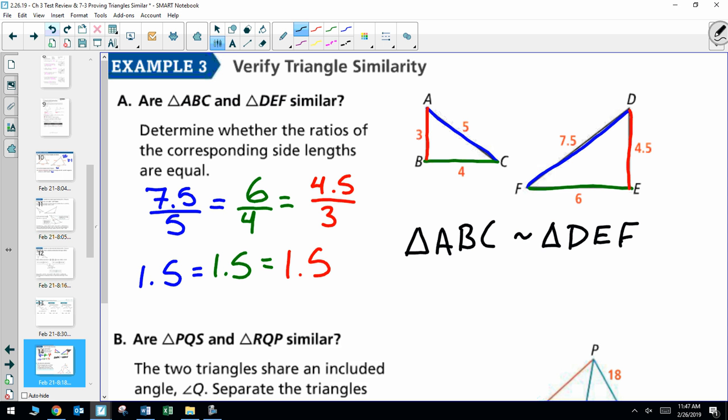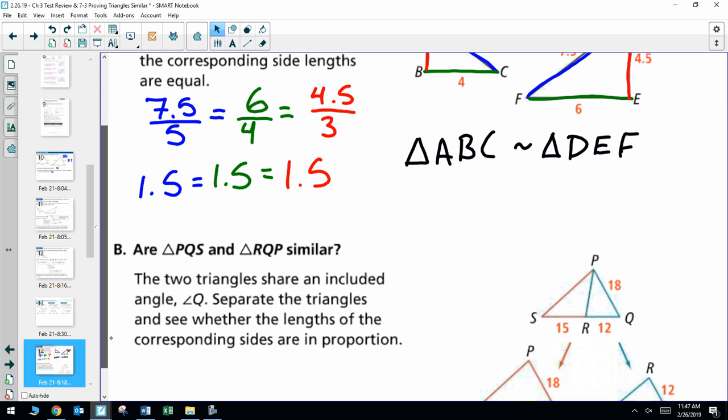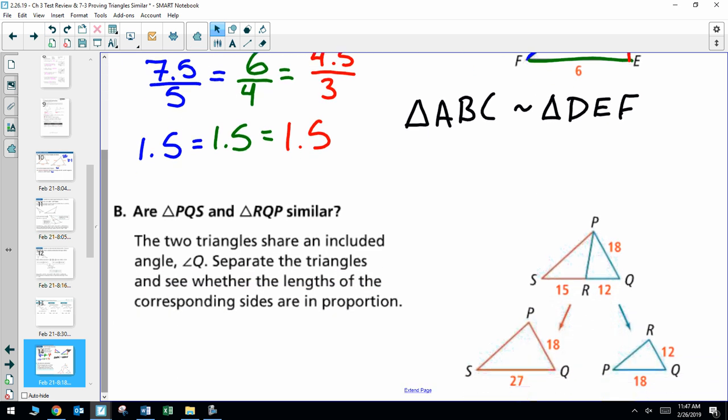Some questions on that one? So looking at the second one down there, same question. We want to know, is PQS similar to RQP? The two triangles share an included angle Q. It's kind of hard to see, but they broke apart the two triangles, and notice that the orientation is different.